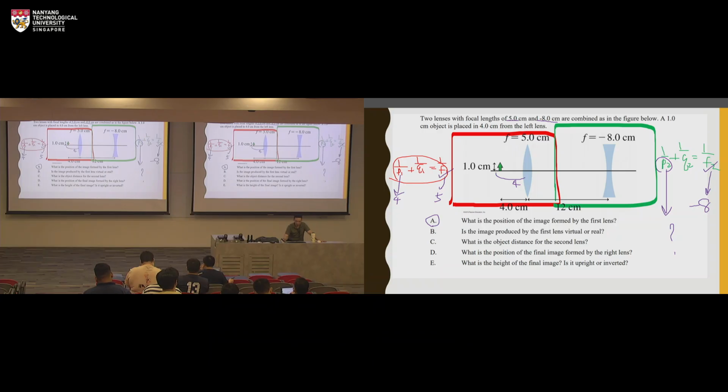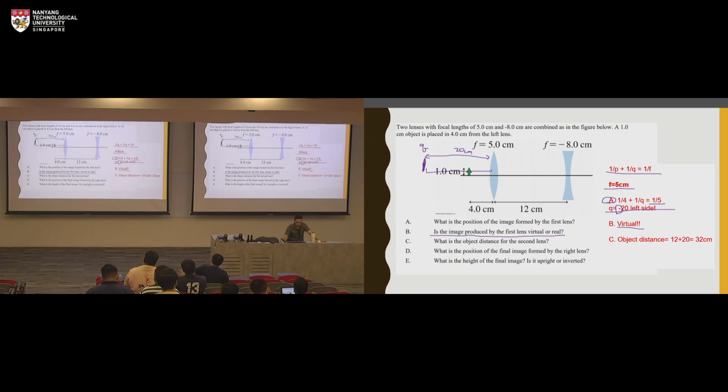So what is P2? Okay, so this is very important. From question A, we already solved that your Q is negative 20, right? So this is Q1. So what does this mean? It actually means that this distance, as I said, the same location, right? So from here to here, this distance is called P2.